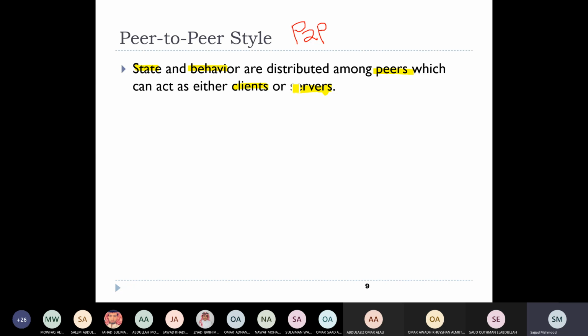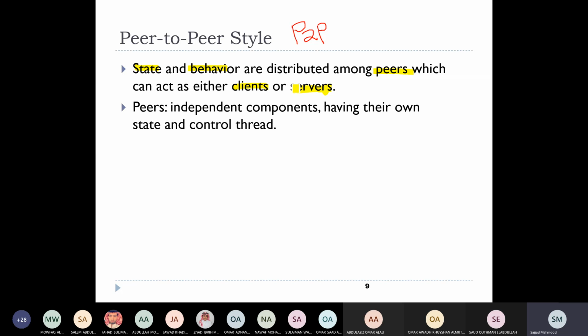Like, for example, in client and server, there was at least one server. Pipes and filters was unidirectional, and event-based shared information via an event bus, and so on and so forth. Here, the peers, which are actually independent components, have their own state and their own control thread.